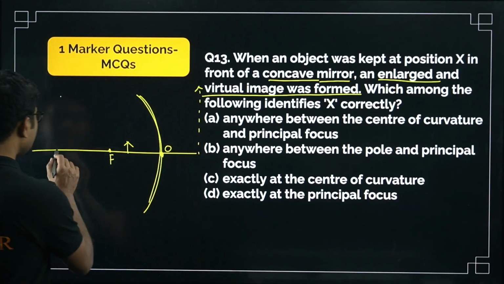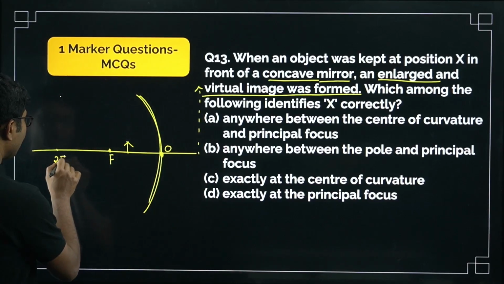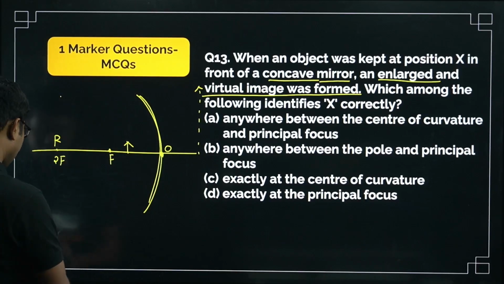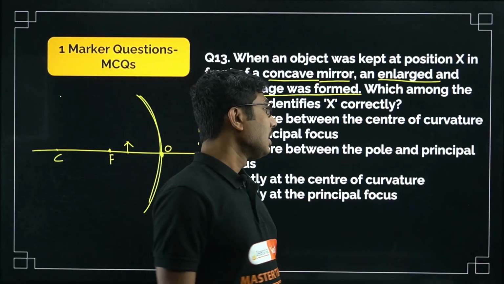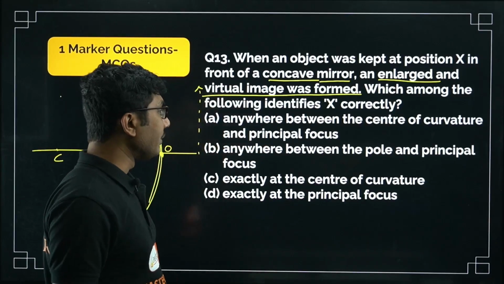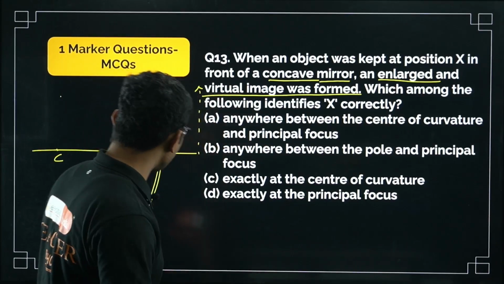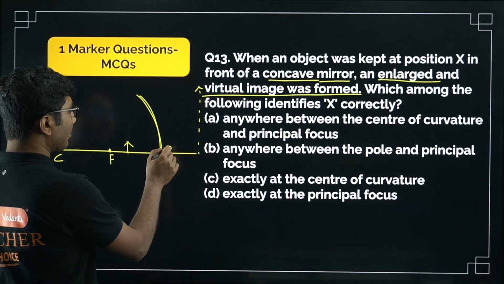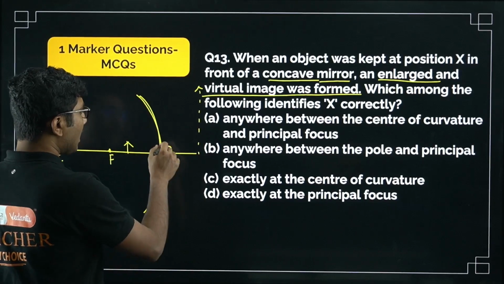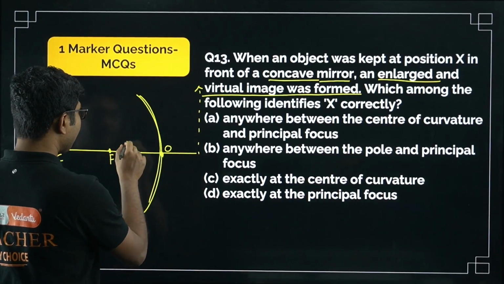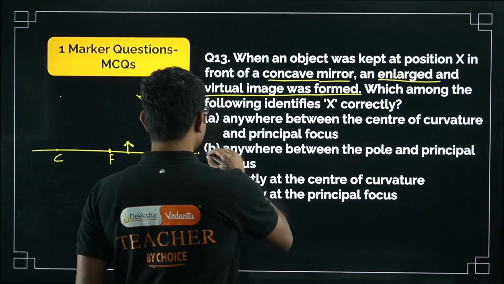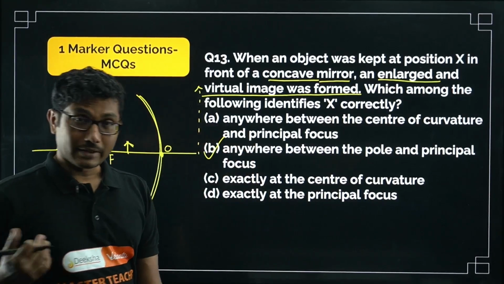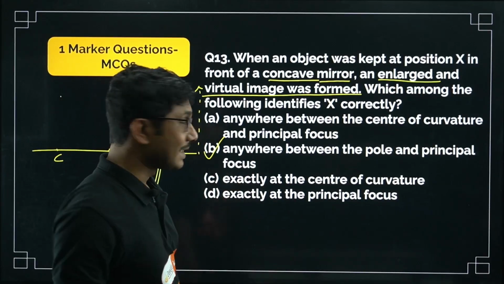Center of curvature is at a distance 2f, denoted by the symbol C. Now anywhere between the pole and the principal focus, yes, anywhere between the pole of the mirror and the principal focus, if you keep the object, then it will definitely produce a virtual and erect, enlarged image. So that is the correct option.